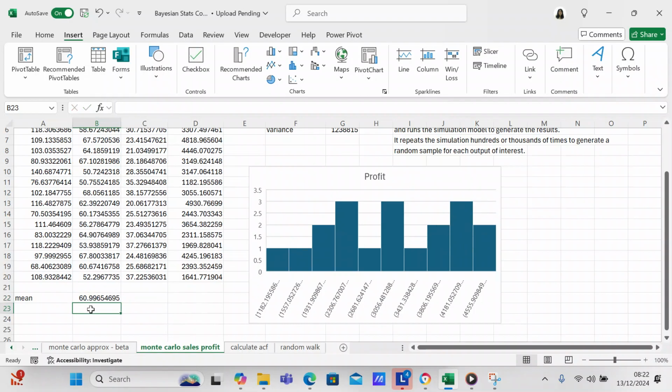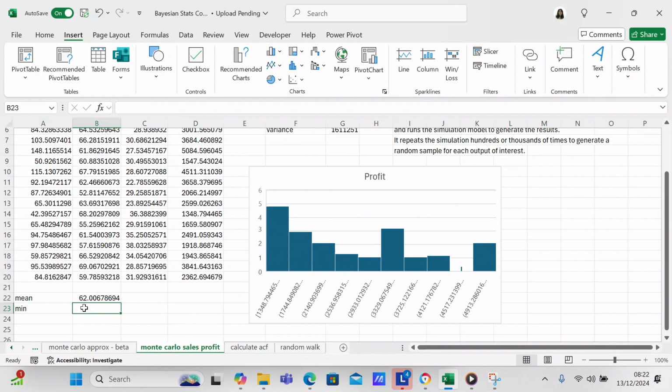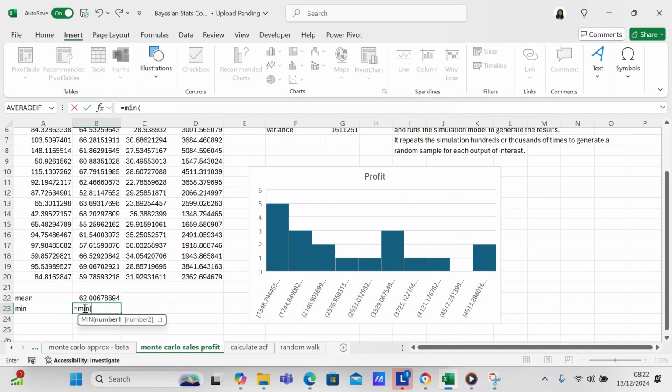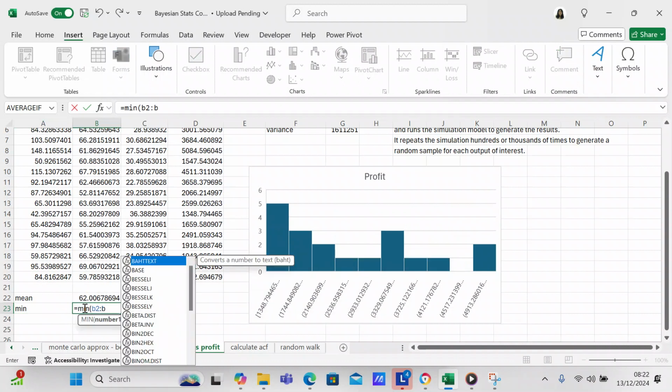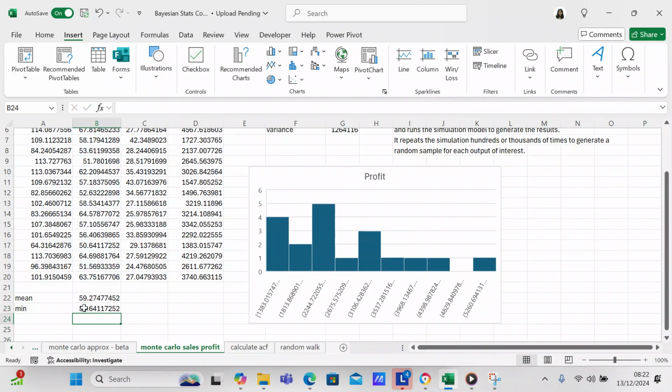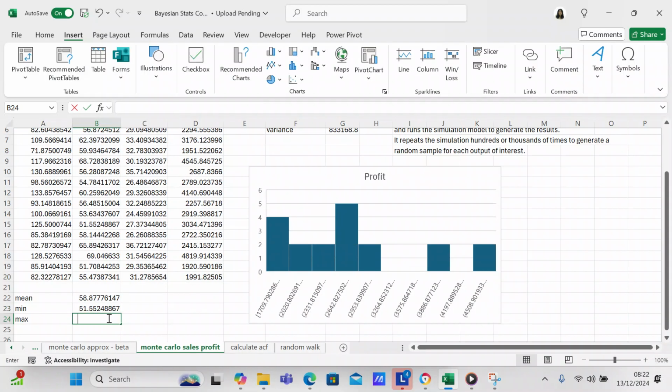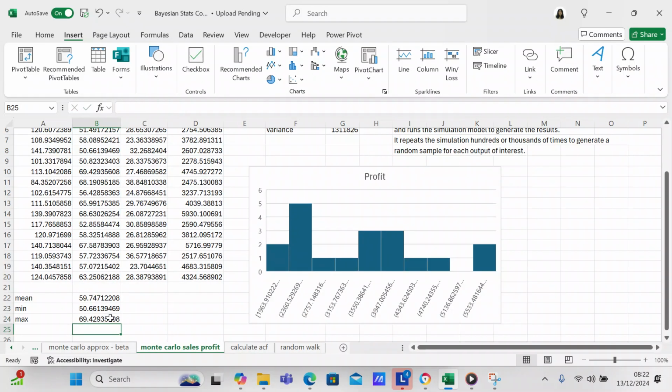And if you want your minimum, that's your minimum, 50. And if you want your max, okay, so the minimum is 50 and the max is 69. So that's just telling you what your mean, your min, and your max is.